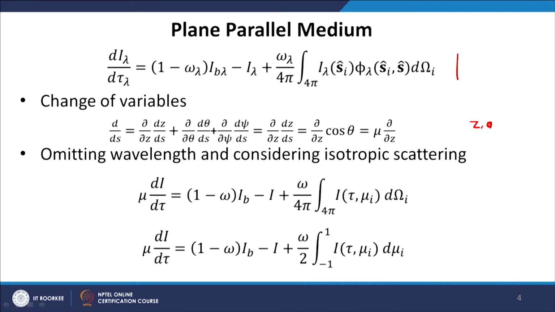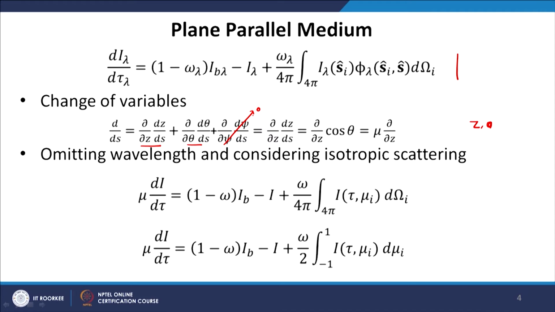So, we apply the chain rule. So, d by ds is equal to partial derivative with respect to z times dz by ds, plus partial derivative with respect to theta times d theta by ds, plus partial derivative with respect to the azimuthal angle psi times d psi by ds. Now, there is no dependence on psi, so the last term will be equal to 0.